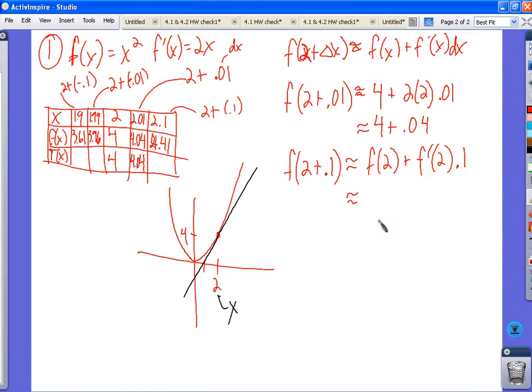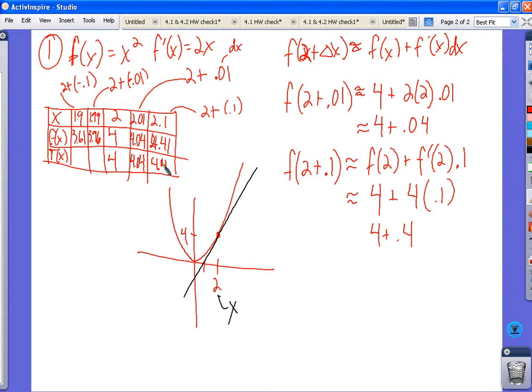So f of 2 is always 4. You see what we're doing here? We take 4 and always add on this little bit of the y value from the tangent line. So 4 plus 4 times 0.1. So 4 plus 0.4, so we get 4.4.